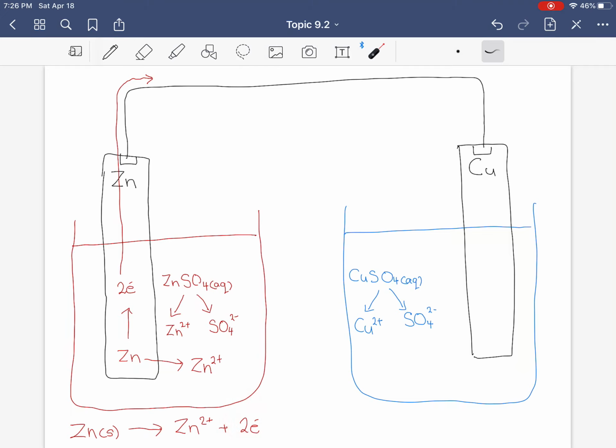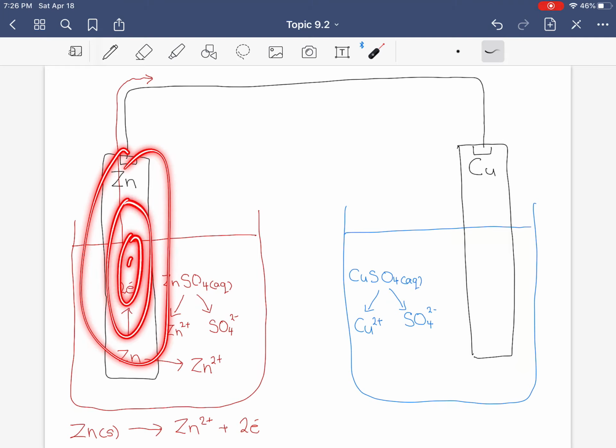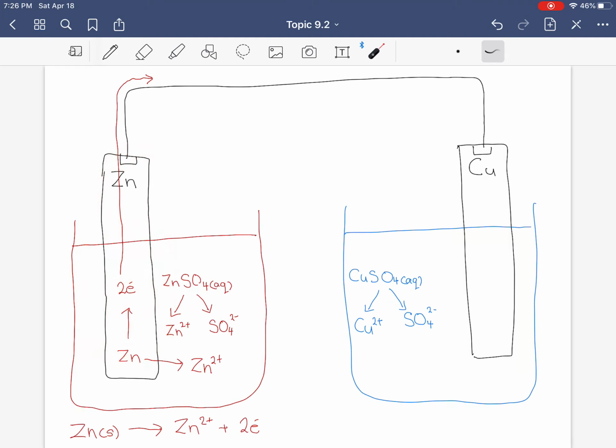The zinc ion will leach into the solution. So if you think about it, as this proceeds, this zinc strip will get smaller and smaller and smaller, because as it continues to leach, it continues to lose the zinc metallic property.